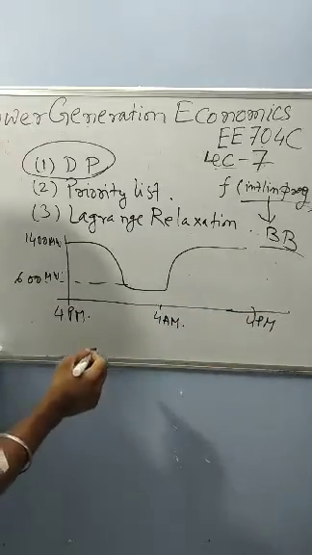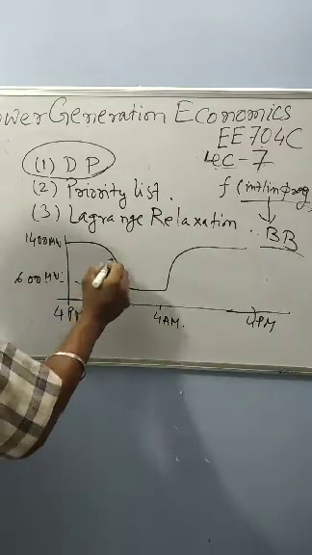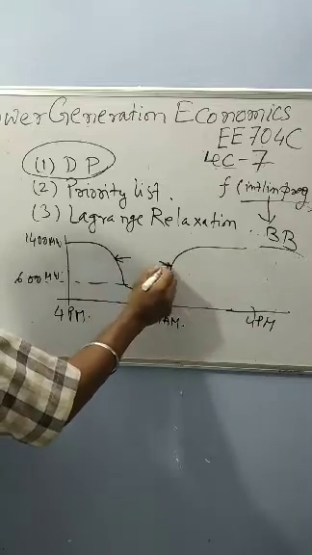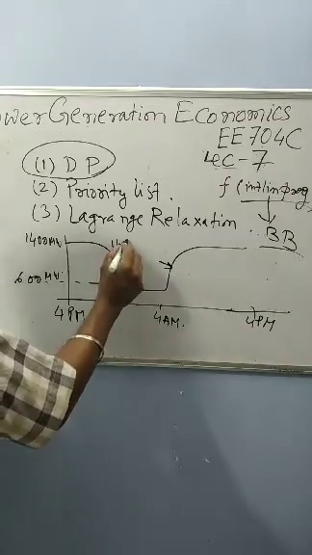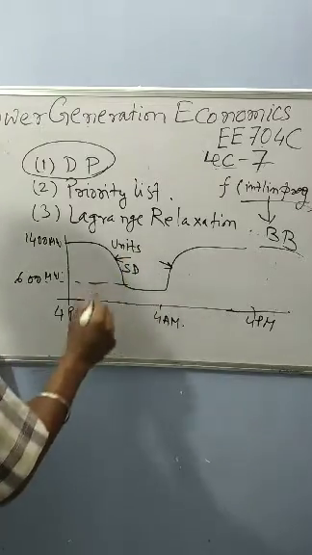So these are the points where the units are to be shut down.